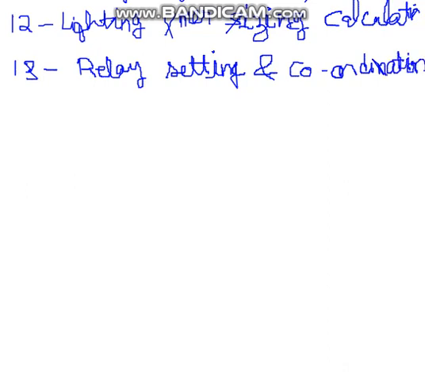To operate the relays online we work on PLC SCADA. That part is basically for the instrument persons and is not in our scope, but this calculation, relay setting and coordination, we have to prepare.